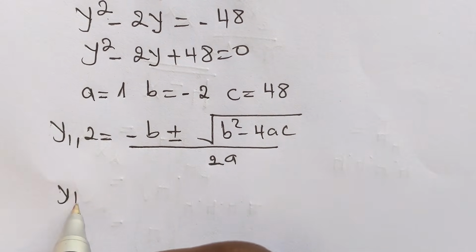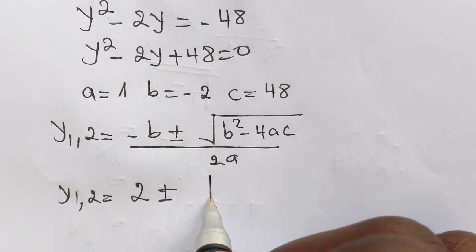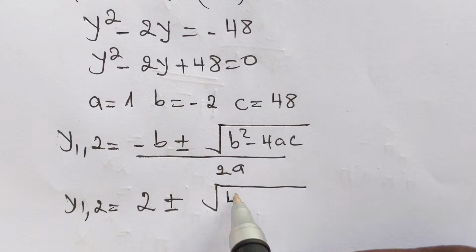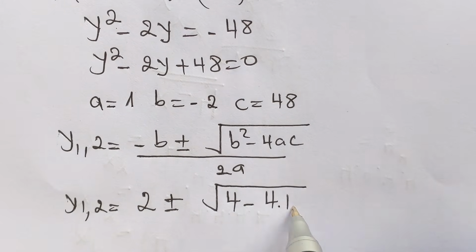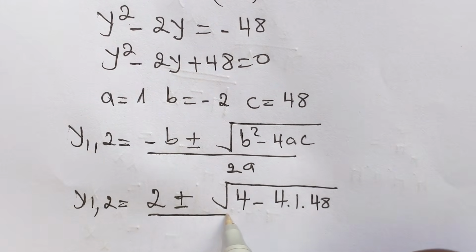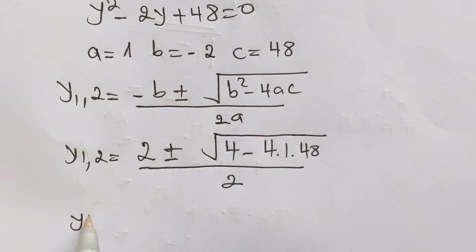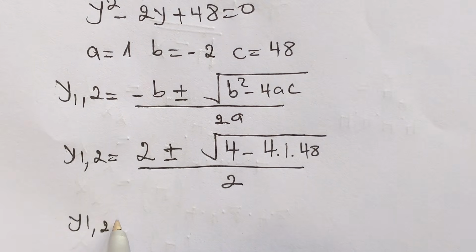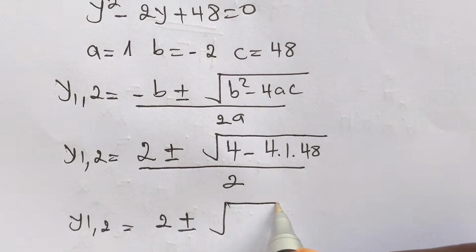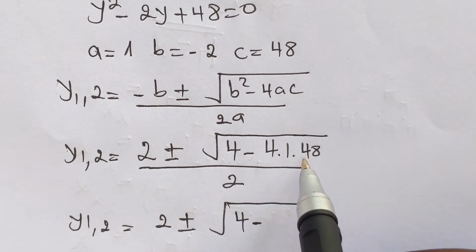And here y1 and 2 will be -b is equal to 2 plus or minus square root of b squared, which will be 4 minus 4 times 1 times 48, over 2.